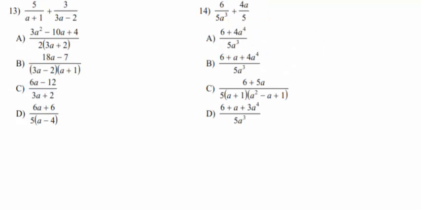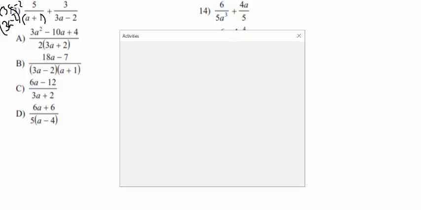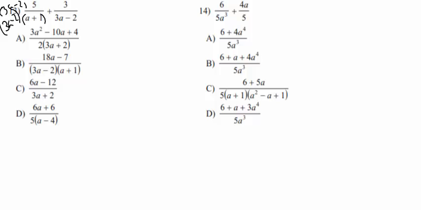Alright, so with 13, we're going to have to get that common denominator. So we're going to have to multiply this one by the 3a minus 2 on top and bottom. Try to squeeze it in there. And then this one we're going to have to multiply everything by the a plus 1.